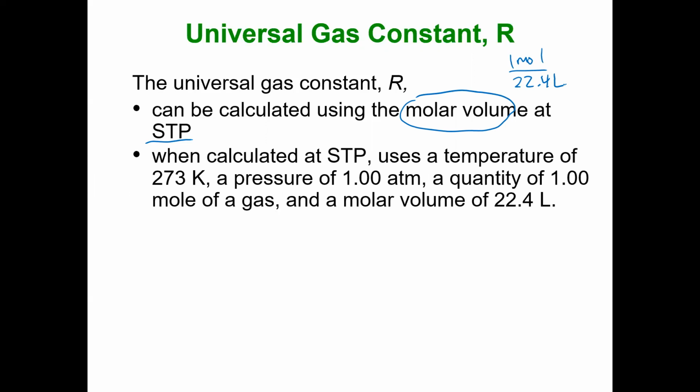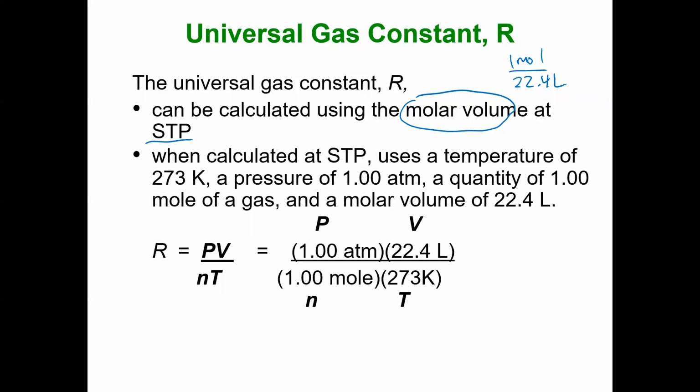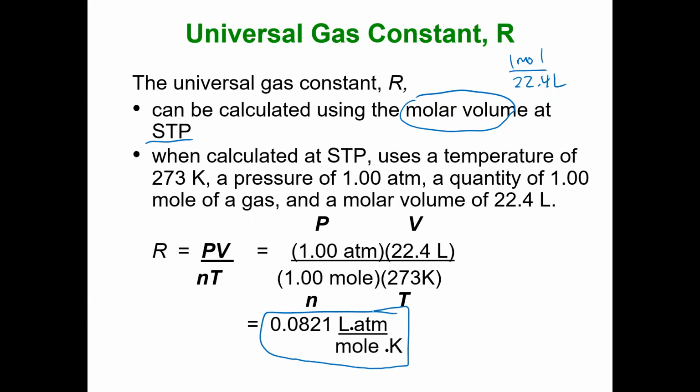So now we can use all of these measurements for all four parameters, plug them in, and solve for R. And when we do, we get this constant, 0.0821 liter atmospheres per mole Kelvin.